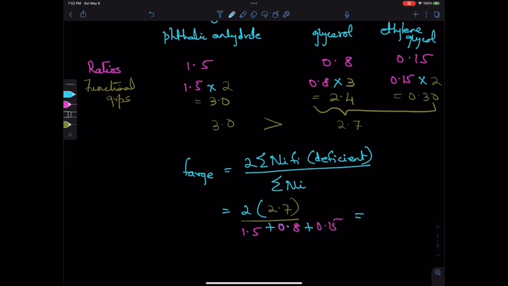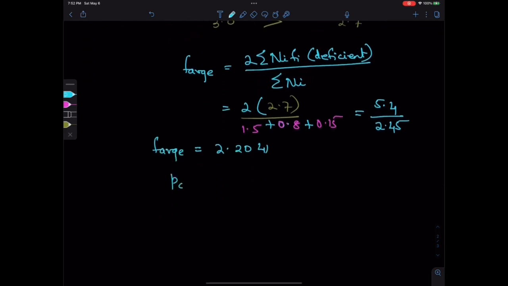That gives us 5.4 over 2.45. So F average is equal to 2.2041, and plugging this into PC equals 2 over F average, we get 2 over 2.2041, which is 0.9074.